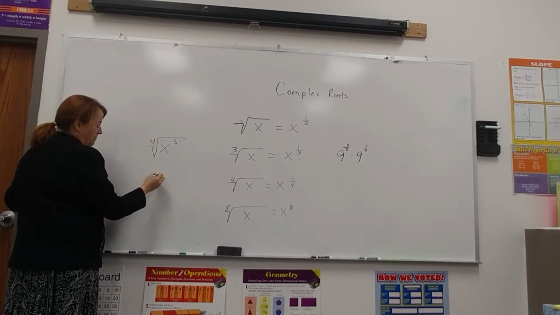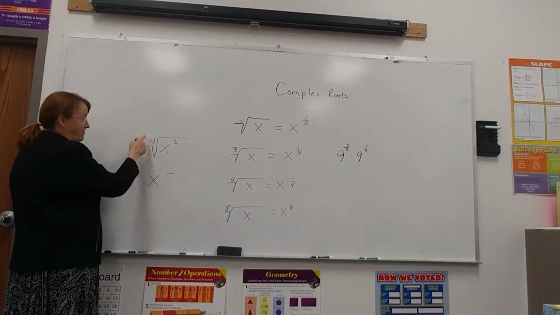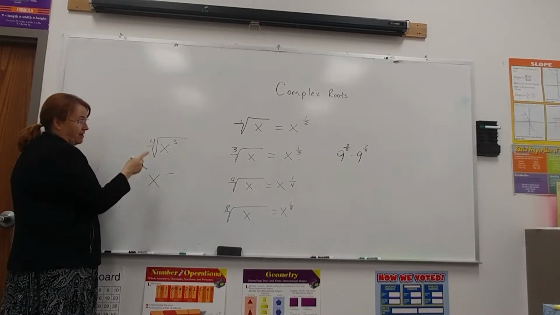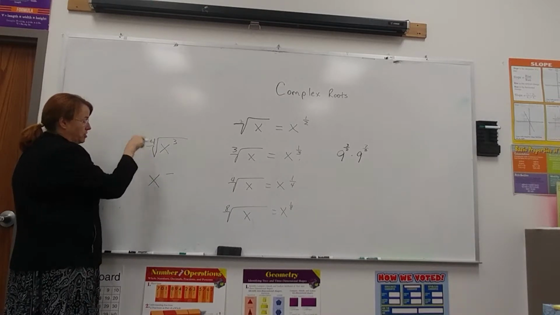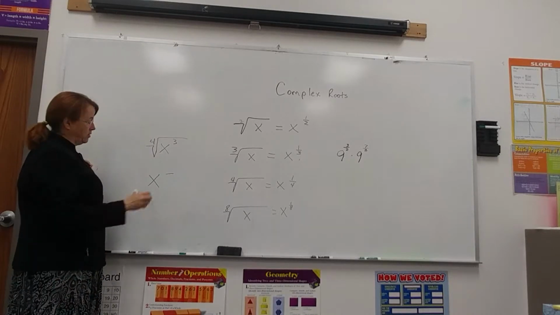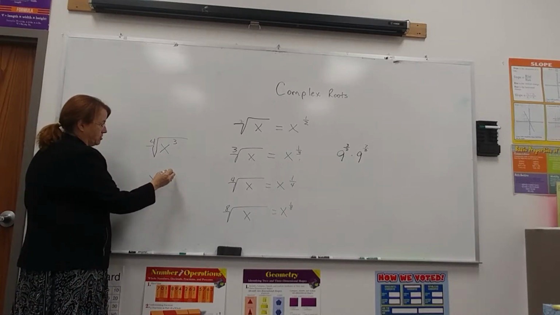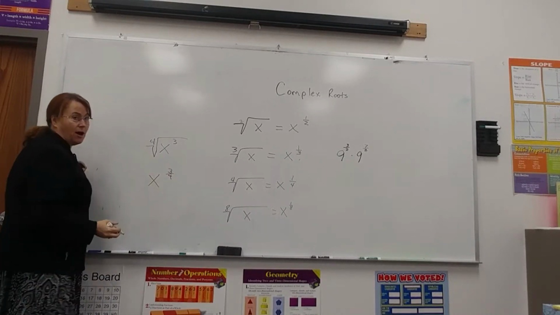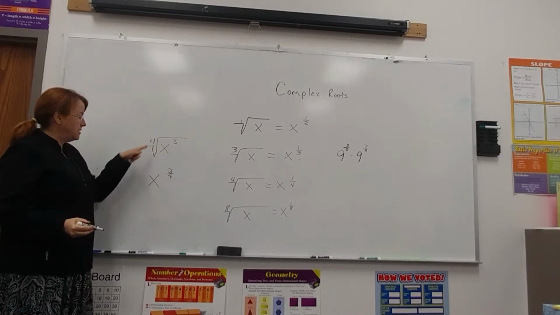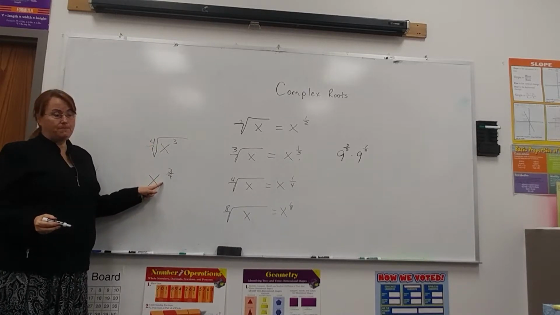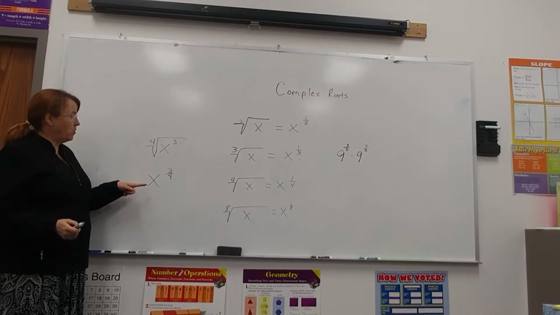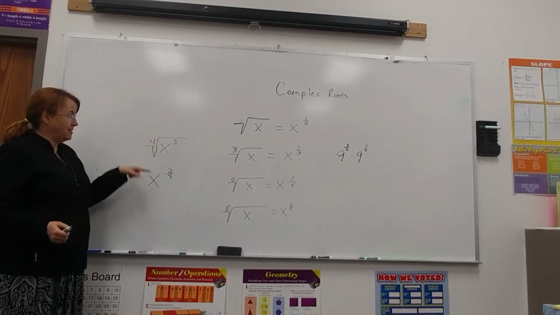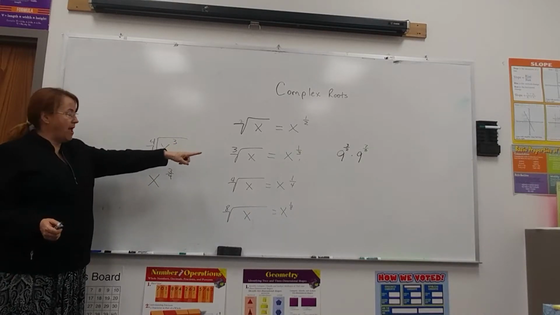I'm going to rewrite it by saying x, and I know because I have this root that I can write it like a fractional exponent. Roots go in the ground, so you always put in the ground first, plant it first, then put your exponent on top. So this is the same as this. So if you know that, now you can reverse it and go the other way.